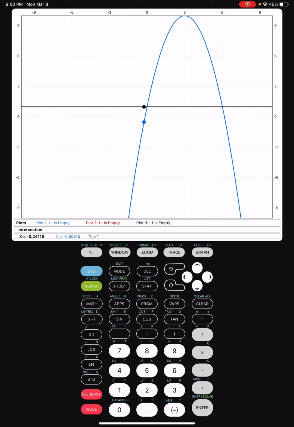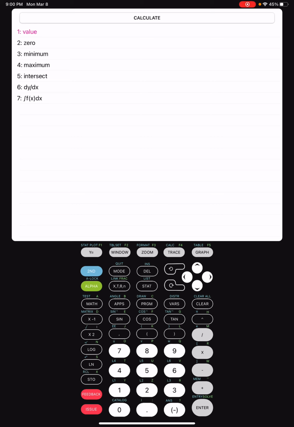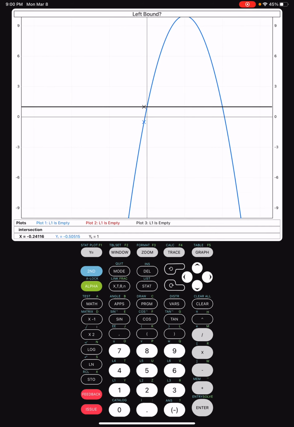Second, calc, intersect. First one here, and then second right bound here. Okay, this is acting a little bit different. Intersection.